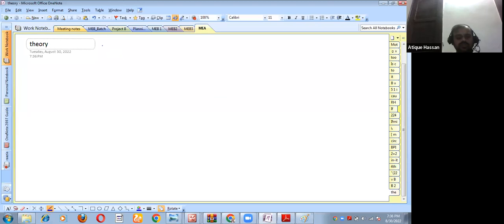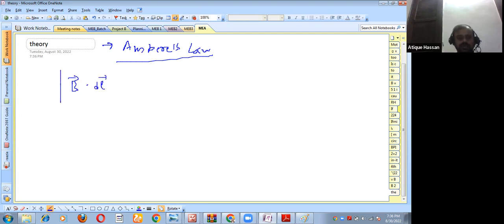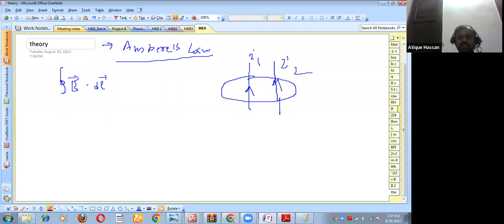The very first is Ampere's law. Ampere's law, we all know that B dot dl, circulation of magnetic field. Suppose we have different currents, like I1 is current like this, I2 is current through a loop like this, I3 is downward.